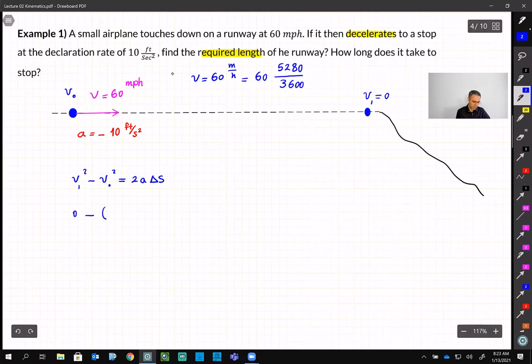So I just write it down here. So then I can do the calculation all together. And this is that all squared. 2, acceleration is minus 10. Don't forget the sign.